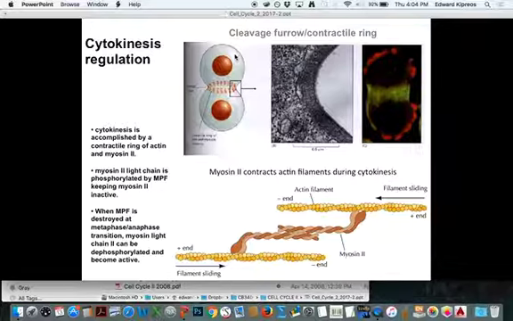As it moves them past each other, it's going to cause this structure to get thicker and thicker and also become smaller. Eventually, you'll get a big bundle of actin, and one cell and the other cell attach to this big bundle. That actin goes into something called a residual body.